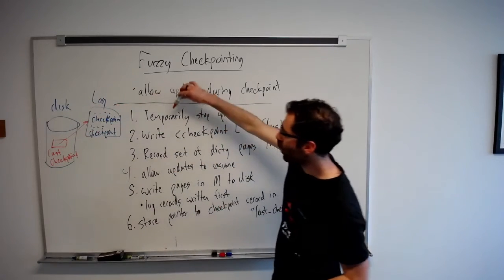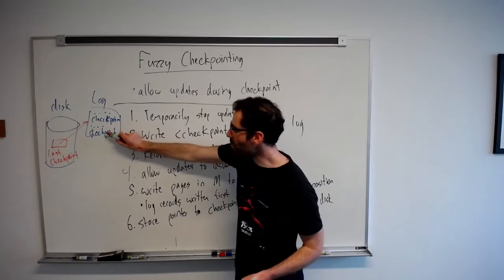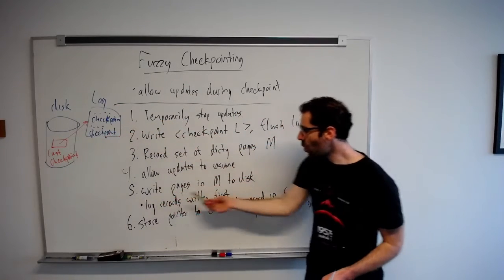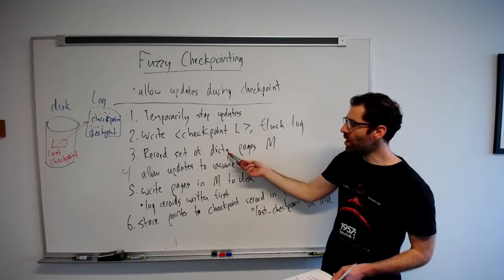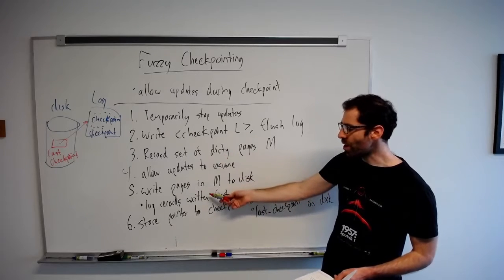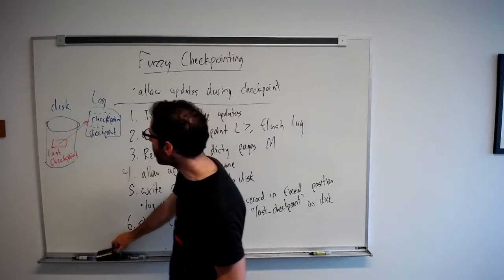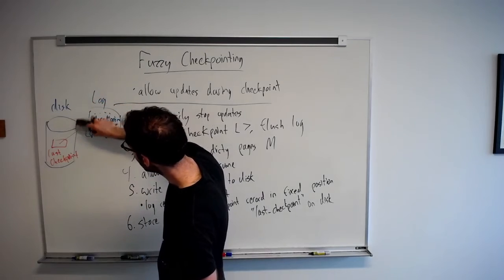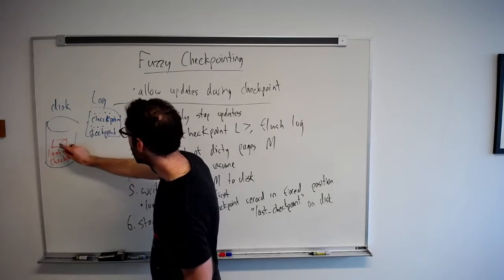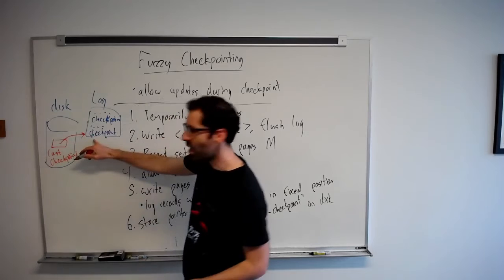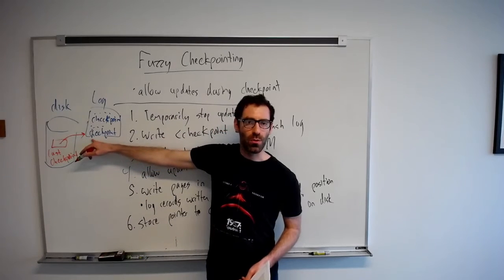And then we enter this process, we write our new checkpoint, and once all the dirty pages that we identified in step 3 here are written to disk, then we update this pointer to refer to the new checkpoint record.